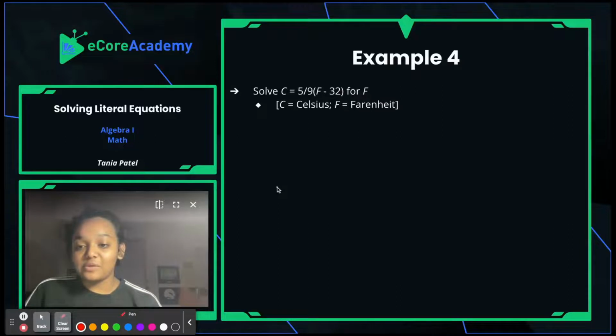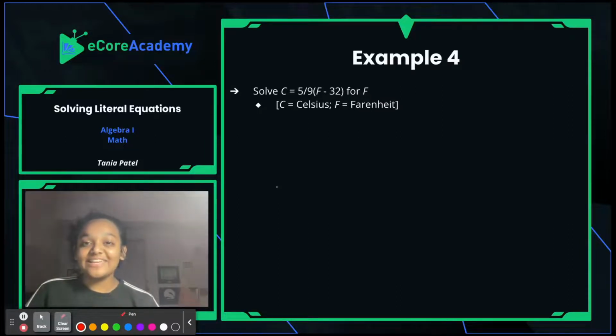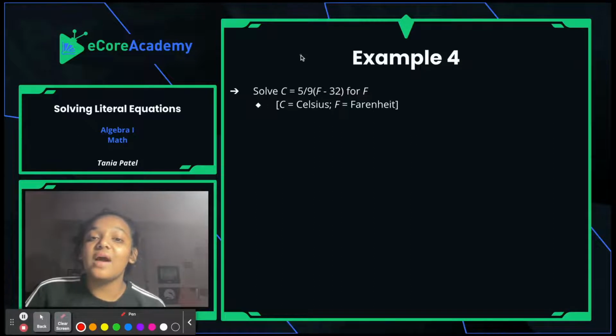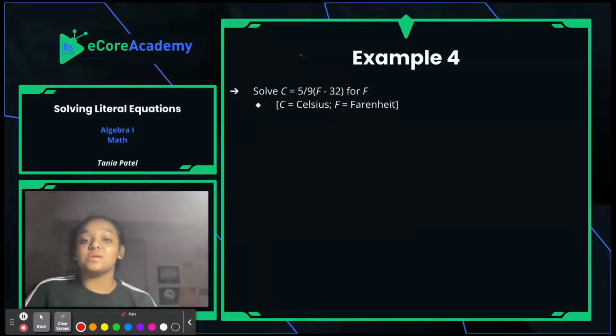Again, we're not working with specific numbers here to actually find a specific Celsius degree, but we're going to use these helpful formulas and equations to aid our practice today. So anyway, today for this example, we are solving C equals 5 over 9 times F minus 32 for F.